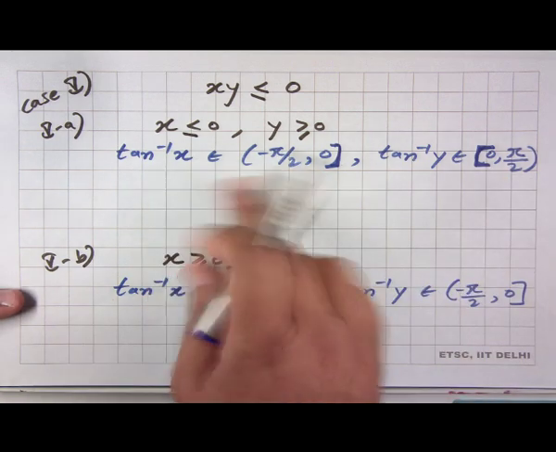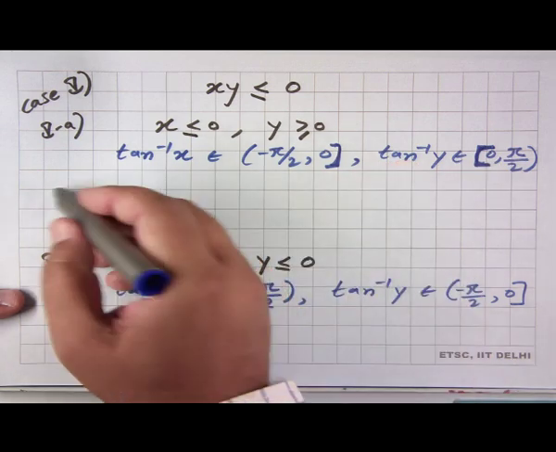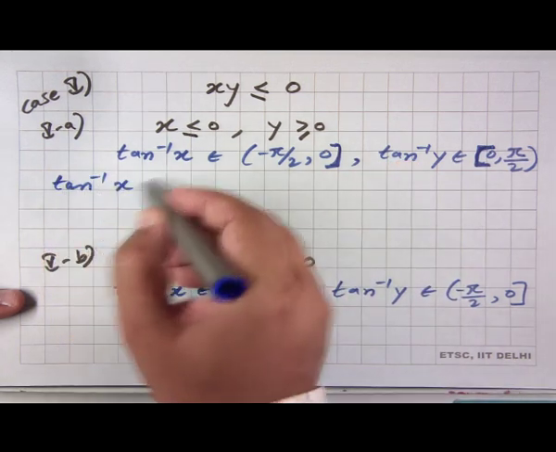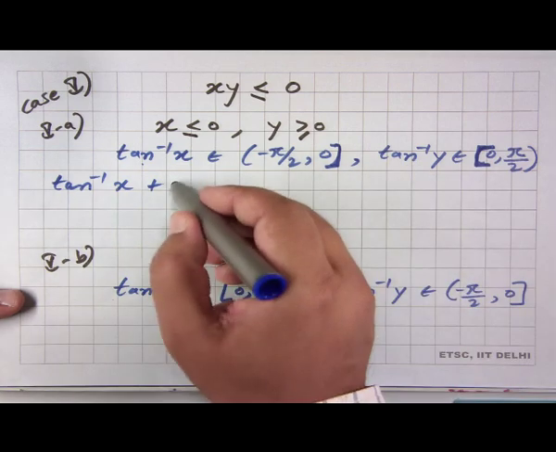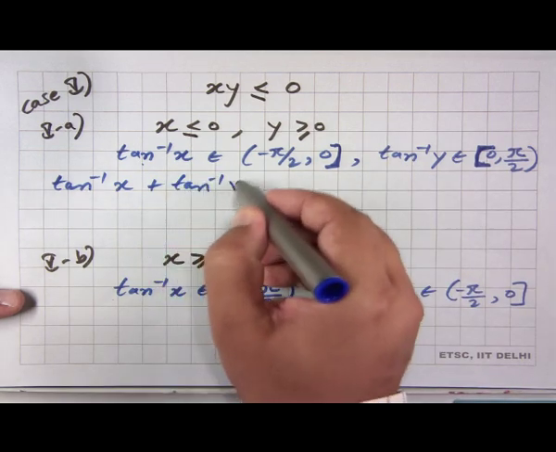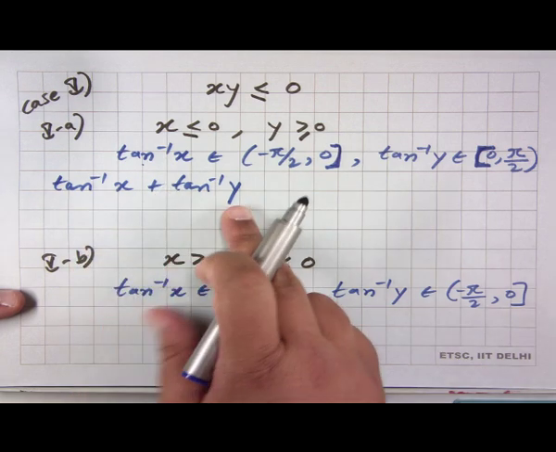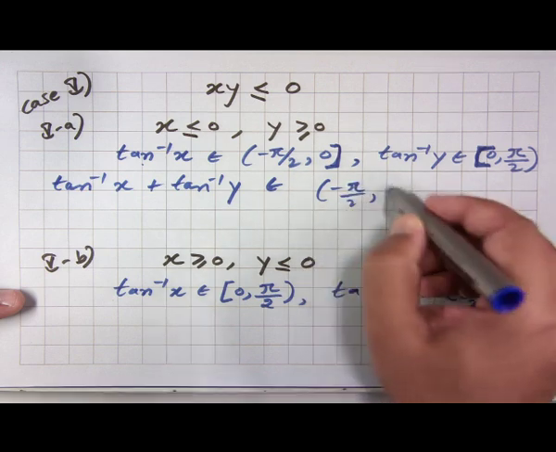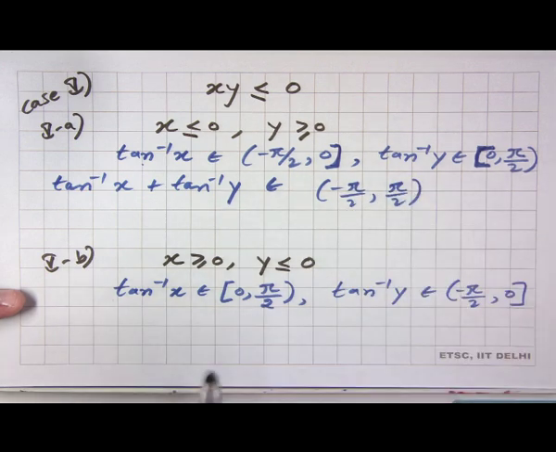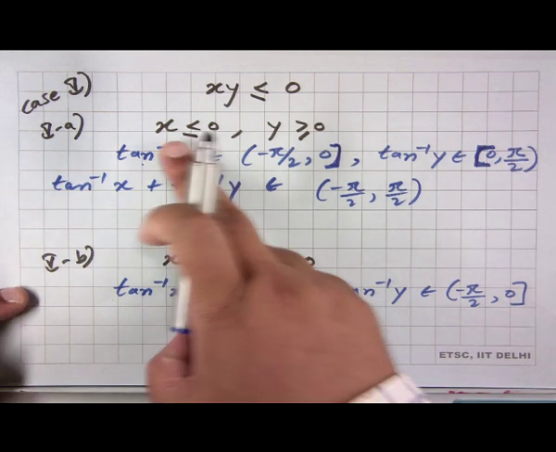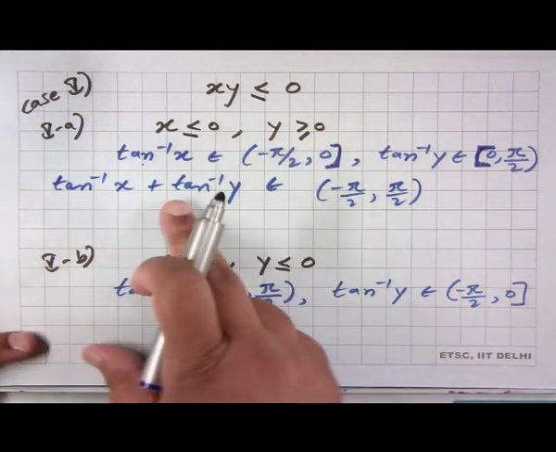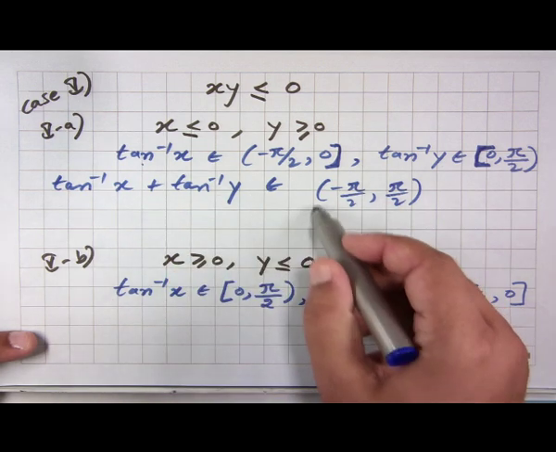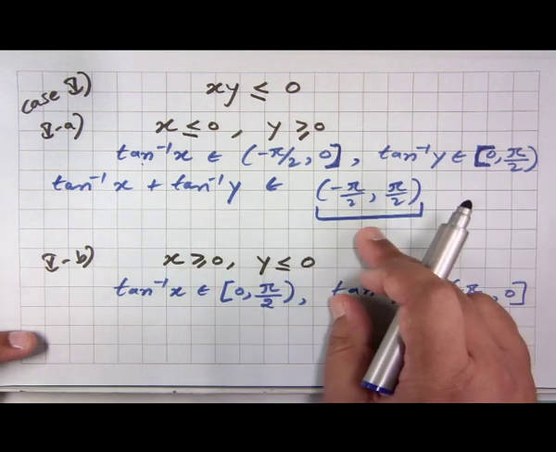And then of course, since we add tan inverse x with tan inverse y, it follows that tan inverse x plus tan inverse y will belong to the interval minus pi by 2 to plus pi by 2. So it is very easy to see that for this case, tan inverse x plus tan inverse y will belong to the range set of tan inverse.